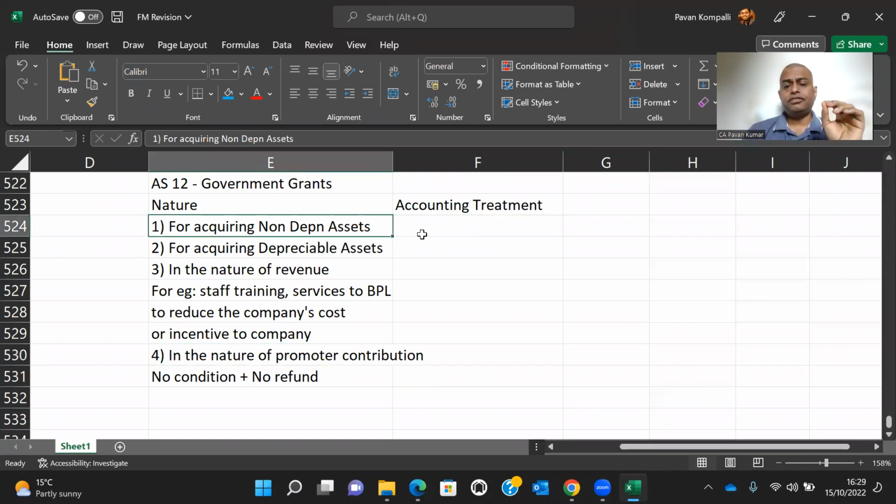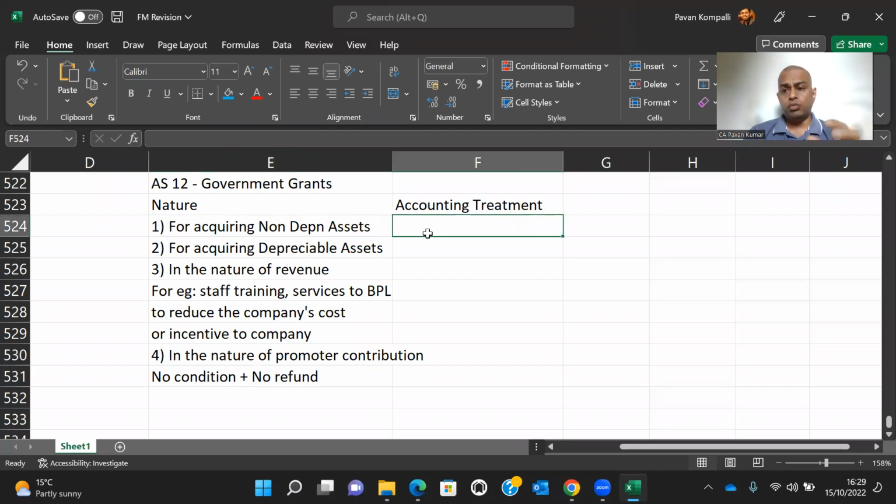In case of government grant towards acquisition of a specific asset which is non-depreciable, do you think it should be credited to capital reserve, or is there any other alternative accounting treatment? What should I do in case of 1?